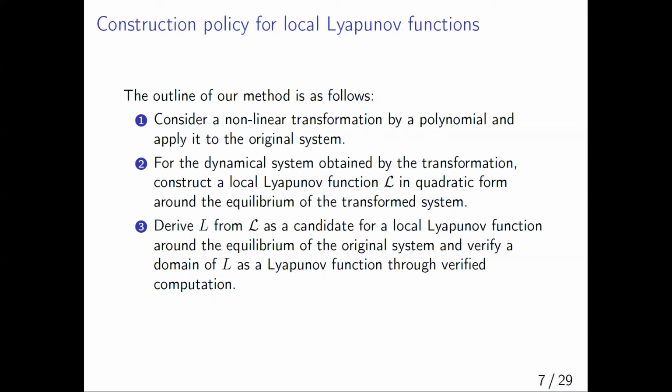Finally, derive L from calligraphy L as a candidate for a local Lyapunov function around the equilibrium of the original system and verify a domain of L as a Lyapunov function through verified computation.